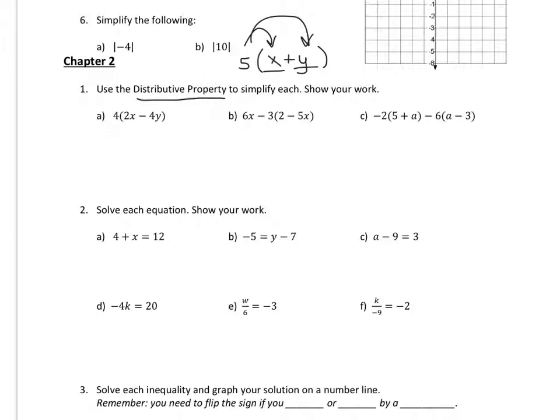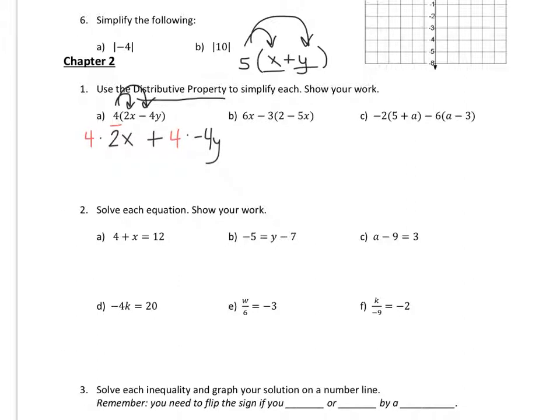There are 2 terms. So for letter A, there's a 4 on the outside. So you need to multiply each term inside the parentheses by 4. There are 2 terms inside. So this is going to be 4 times 2x plus 4 times negative 4y.